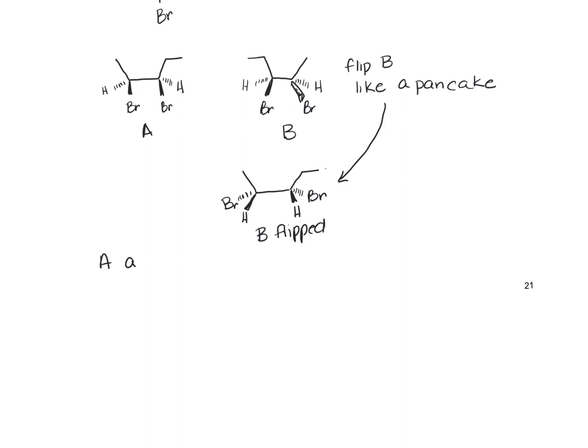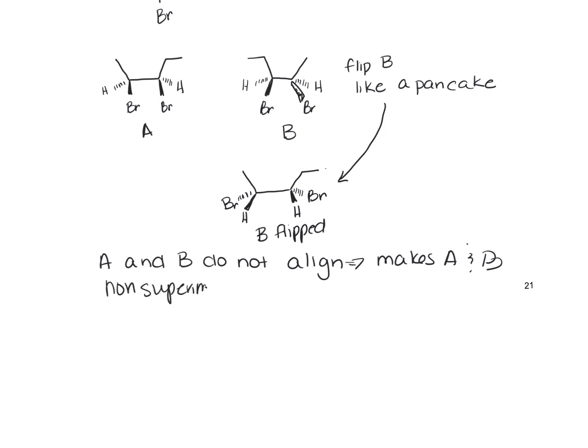So A and B do not align. And that makes A and B non-superimposable mirror images. And so this means that A and B are enantiomers.